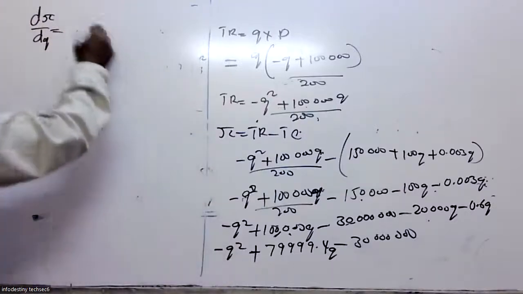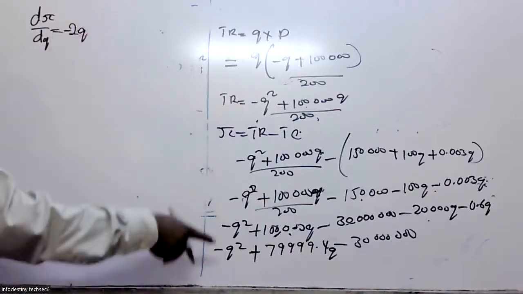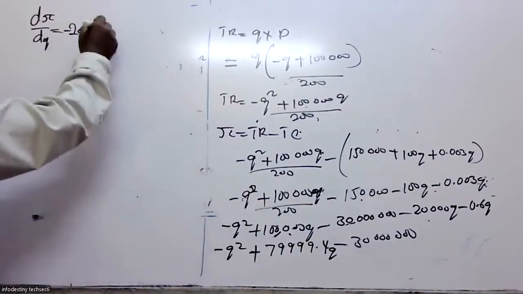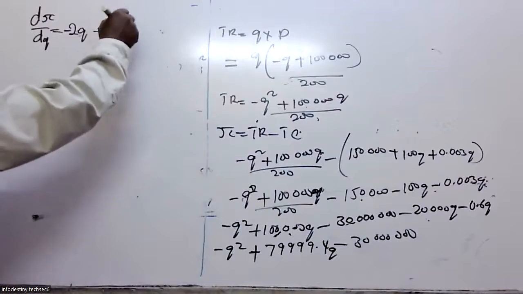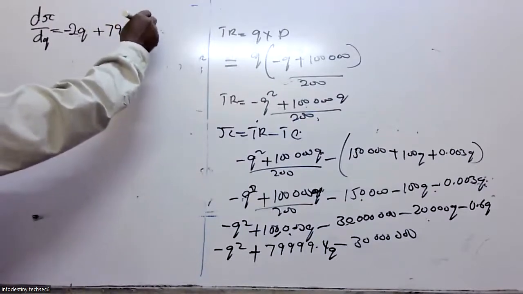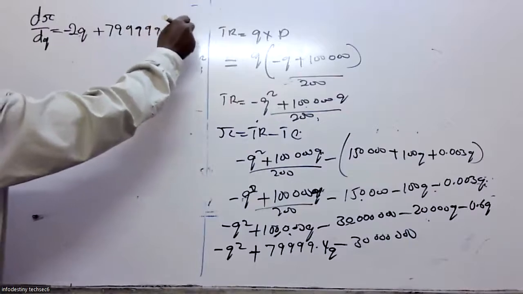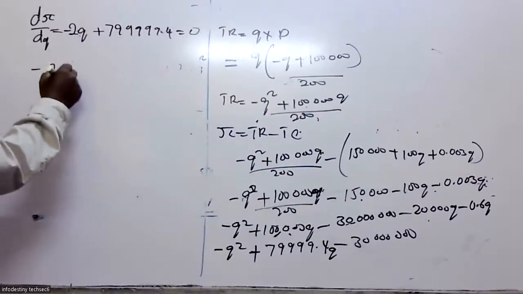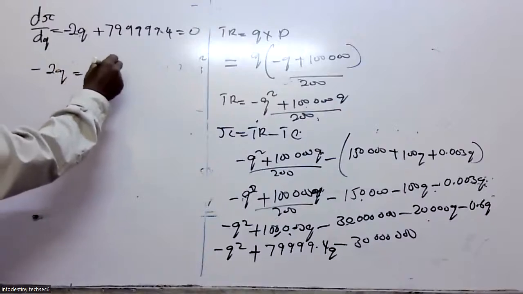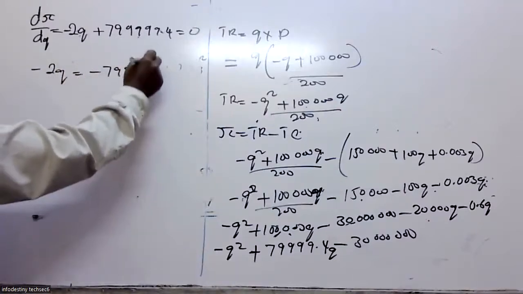So it's going to give us minus 2Q plus 79,999.4, equals 0. So minus 2Q will be equal to minus 79,999.4.